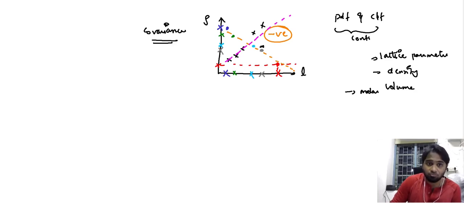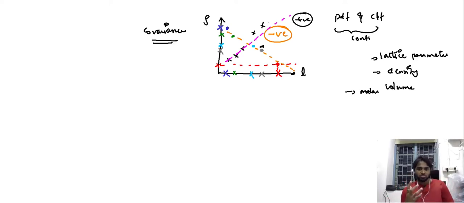The slope of that line would be positive, so that would yield the positive covariance. So there are three possible relations that we could observe: positive, negative, and null covariance, or zero covariance. When you don't see any such relation, what you observe is a line with zero slope, and that will ultimately give us a zero covariance, a zero relation.